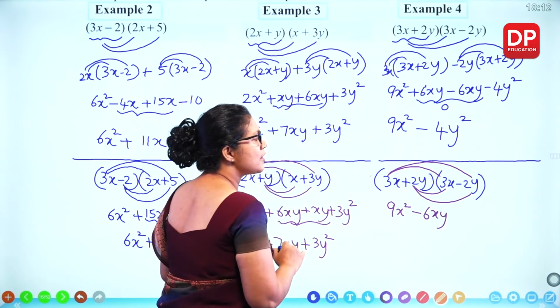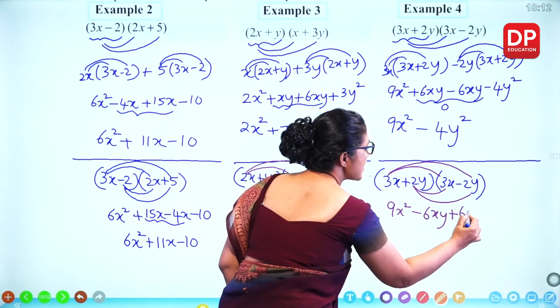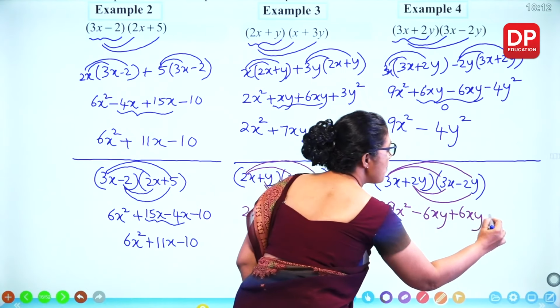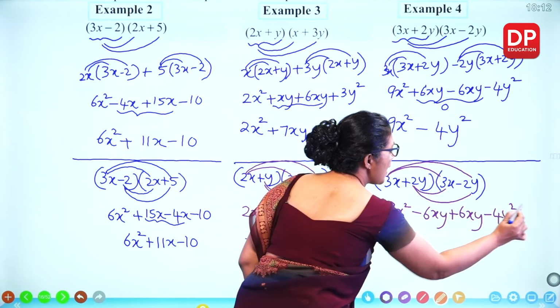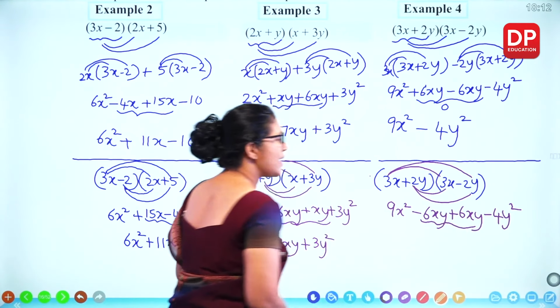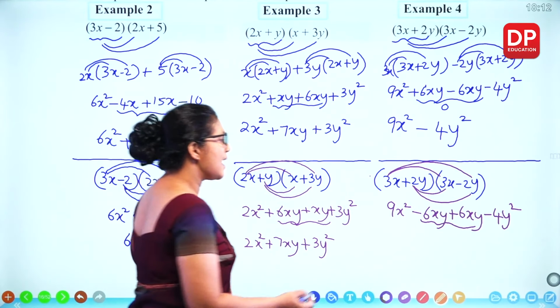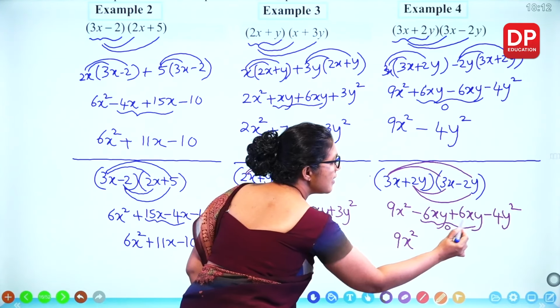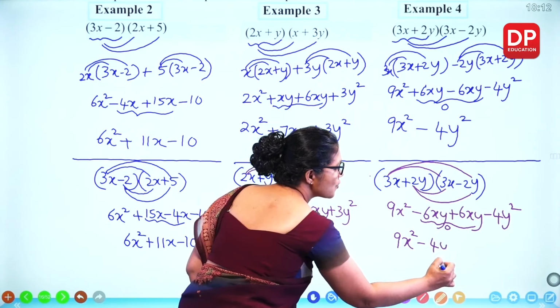Plus 2y with 3x, plus 6xy. Plus 2y with minus 2y, you get minus 4y squared. Again, we can see plus 6 and minus 6 get cancelled out. You will get 9x squared and minus 4y squared.